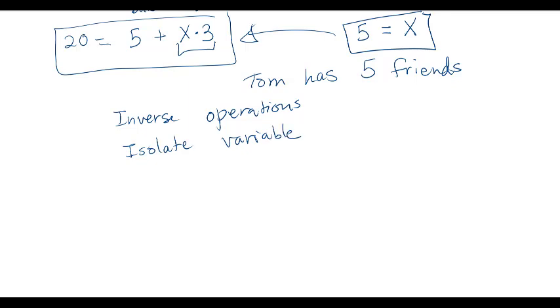Okay, and in terms of the order of operations, you have to be a little smart, but usually what works is if there are no parentheses, usually you're going to want to do addition or subtraction first, and then multiplication or division.